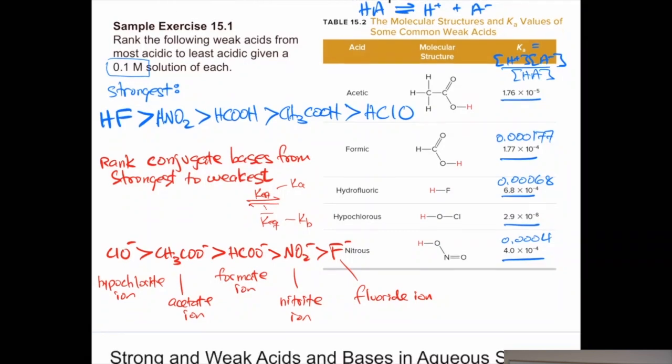All right, so that's really the concept there. Know how to recognize the conjugate pairs and what to do with that information, and how to interpret.